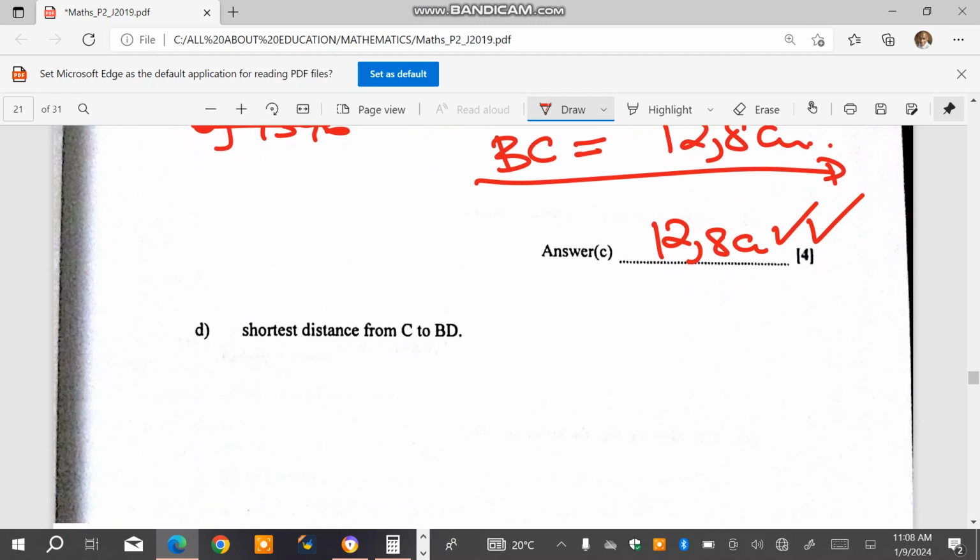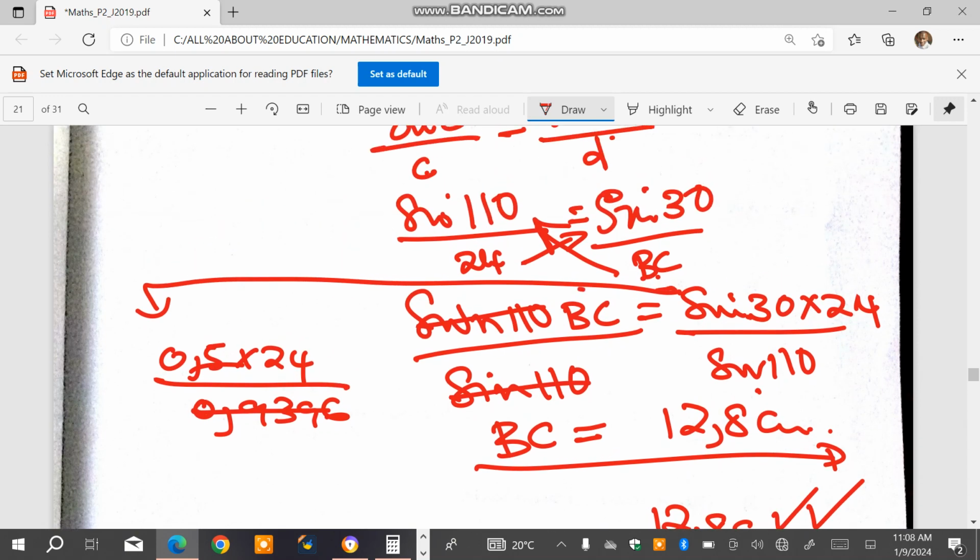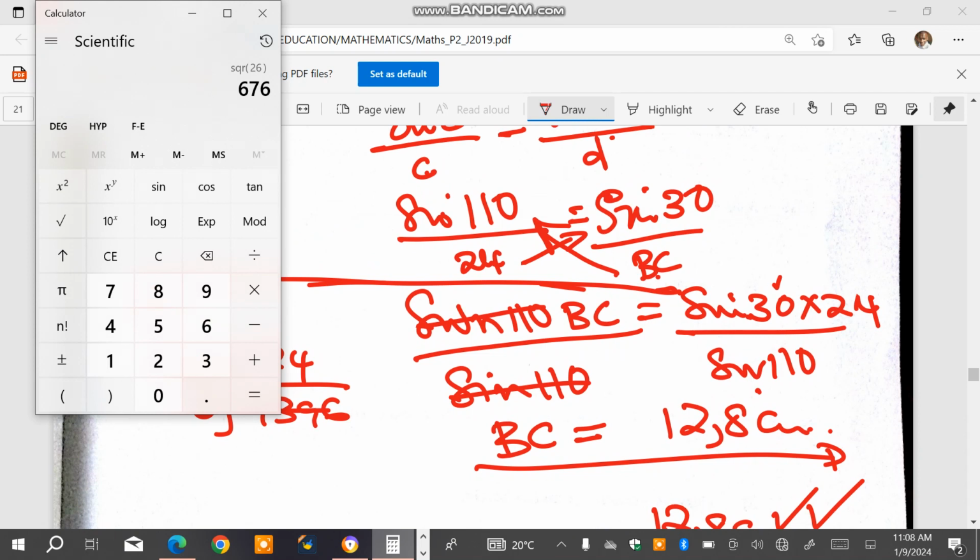So let me do the last question. So this is it, guys. You're supposed to show your working like this. And from there you continue like that. Punch sine 30. Let me just show you. Sine 30, you see it's 0.5.